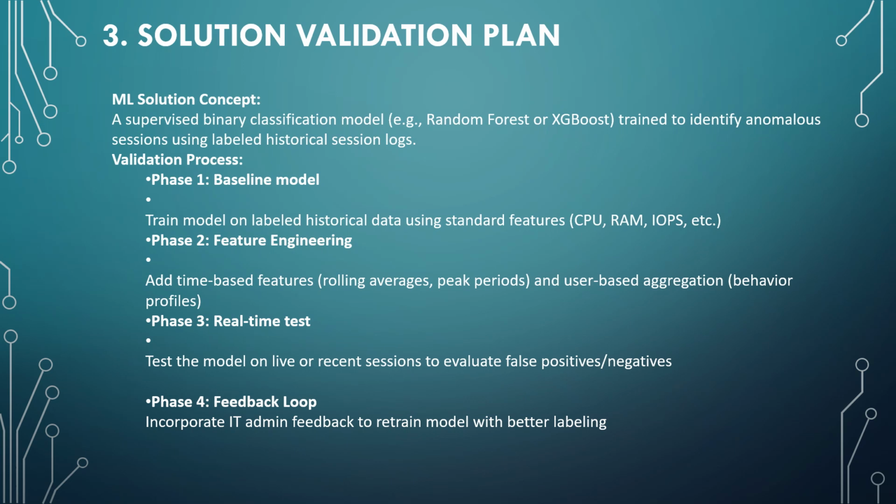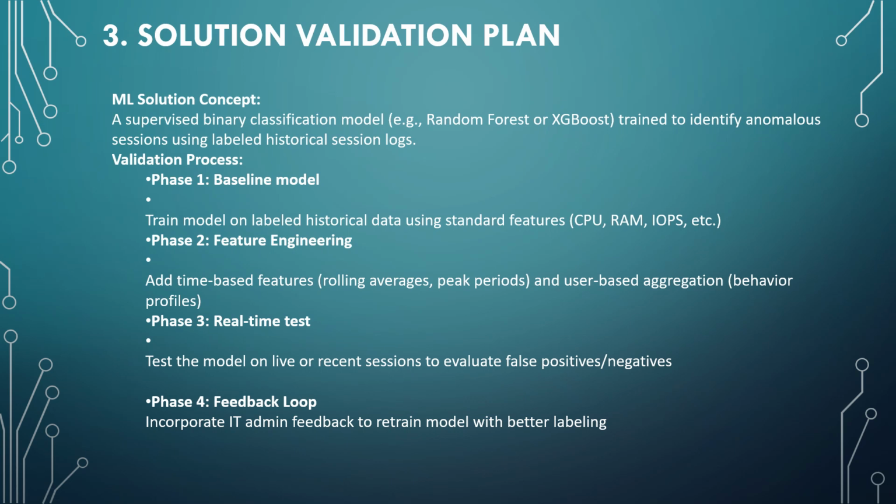The third part is to deploy the model in a real environment. We want to use a test, or development, environment first, just to make sure that we are gathering all the data, and then we're going to move forward to production. The goal here is to monitor how well it flags new anomalies.